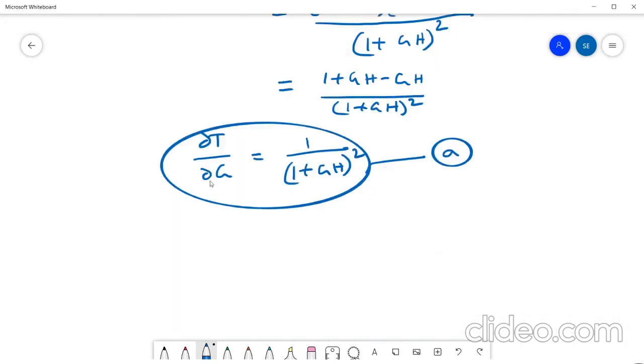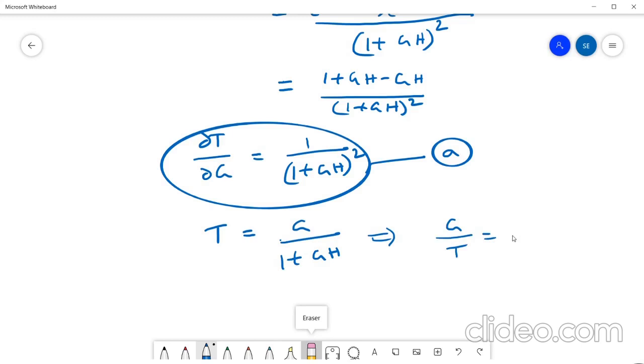What is the overall transfer function T? T is G by 1 plus GH. From here, what is G by T? G by T is equal to 1 plus GH. Right, now we got this as well. We'll take this as B.